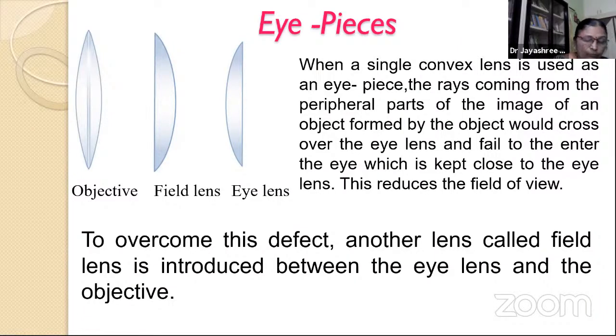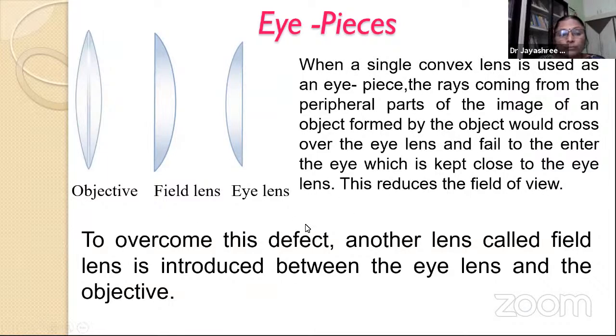One lens is kept near the object. The second one is used to enlarge the image viewed by the eye, and this is known as the eyepiece. As I already gave you the idea about this defect and error, where the rays fail to enter the eye, that's why the eyepiece is necessary.